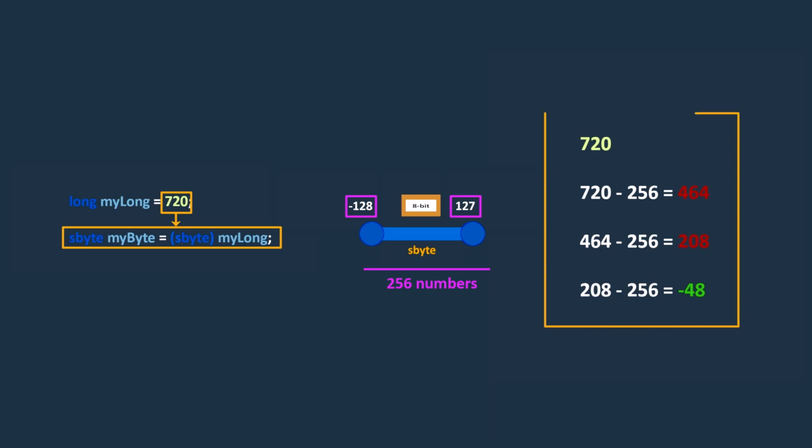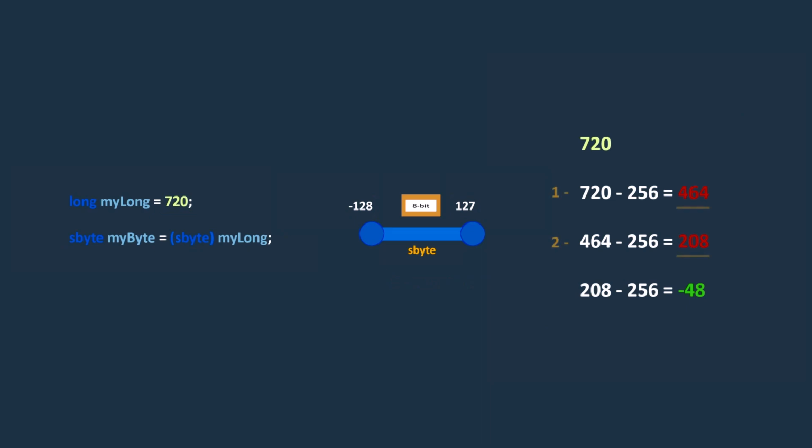And as you can see, the truncation happens multiple times. In the first and second times, the values are outside the range of byte. But at the last time, the value becomes -48 and this value is inside the range of byte. This is the meaning of value truncation. And on the other hand, since our number has changed from 720 to -48, obviously we have data loss.